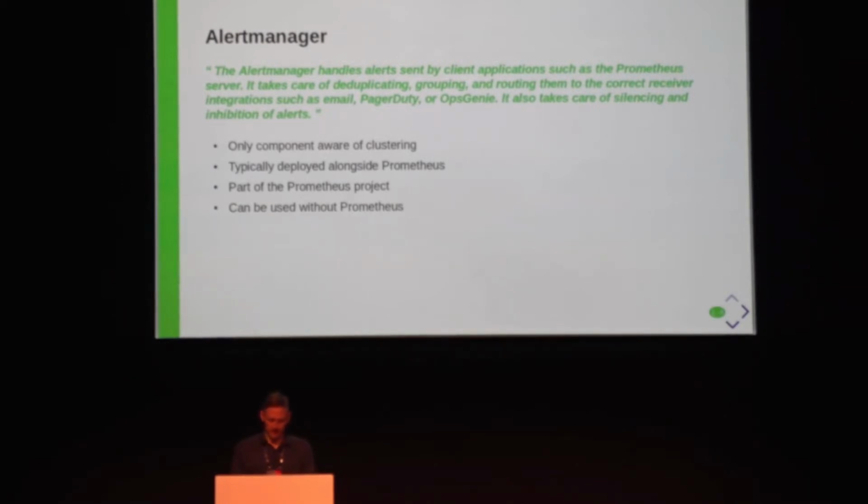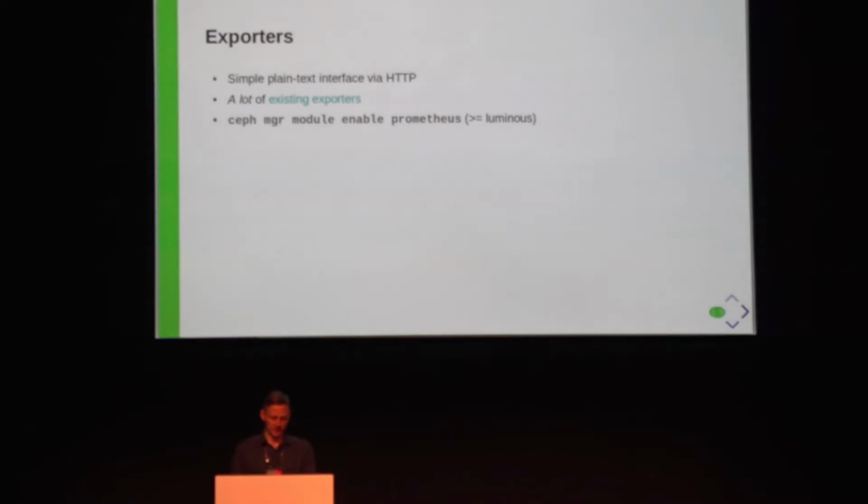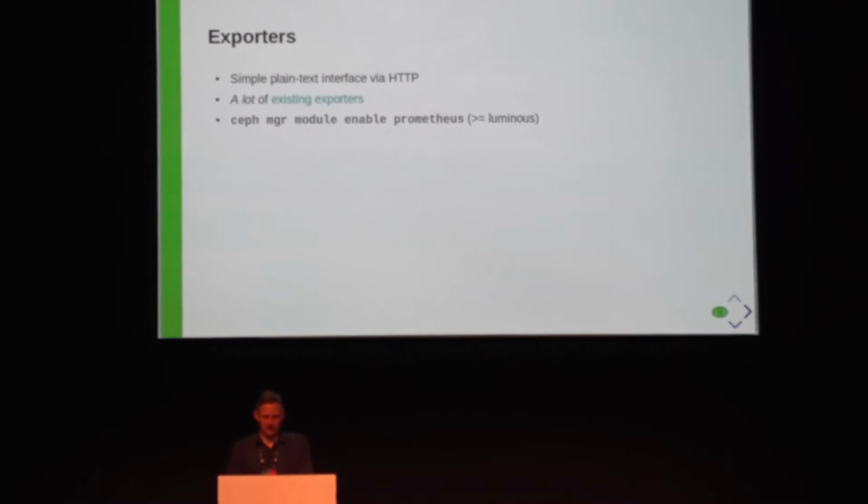And the other side of that are the exporters, of course. There are, of course, many exporters. Ceph has a manager module that is an exporter if you're on Luminous or newer. And exporters are actually quite nice. They expose a simple HTTP plain text interface, which makes them quite easy to write and quite easy to look at.